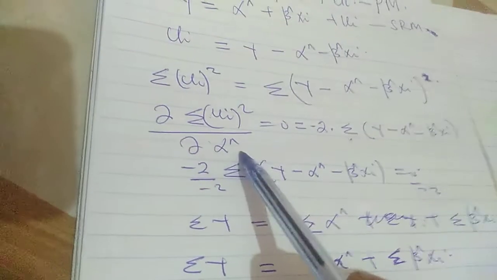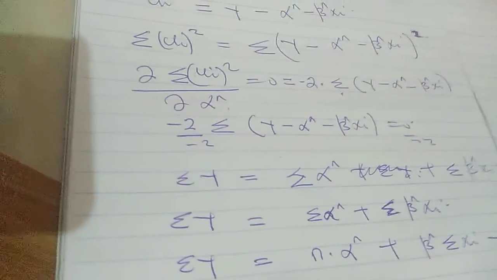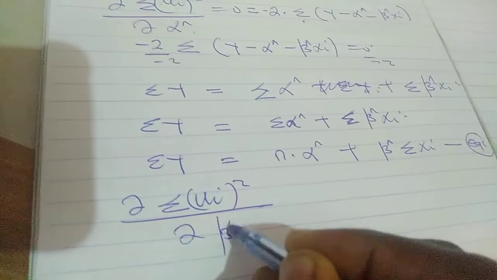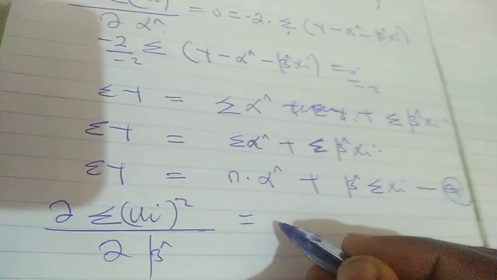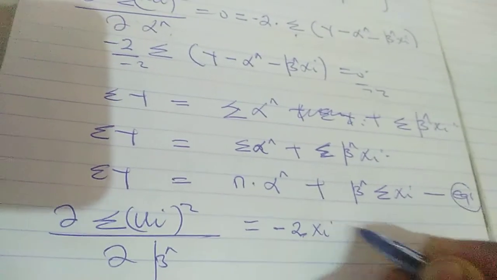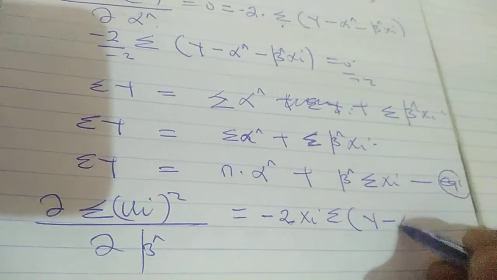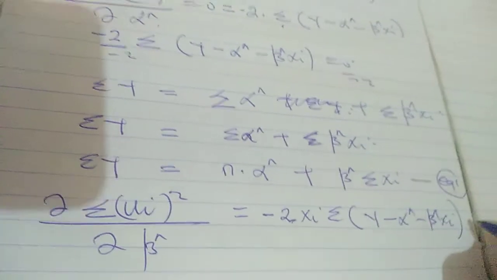Then the second condition is to take still the first order condition with respect to the second parameter, beta hat. The partial derivative of the sum of the squared residuals with respect to beta hat is still negative 2 xi times the sum of y minus alpha hat minus beta hat xi, which is equal to 0.